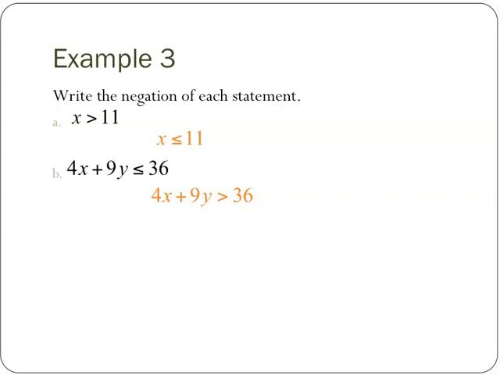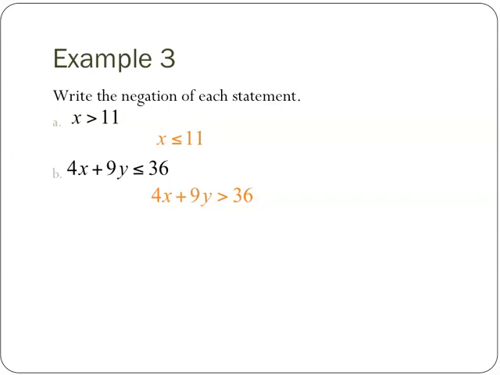All you have to do is look at the inequality and change it to the exact opposite. Change less than to greater than, or greater than to less than, and then account for the equal sign. If there was an equal sign, get rid of it. If there isn't an equal sign, include it in the negation.